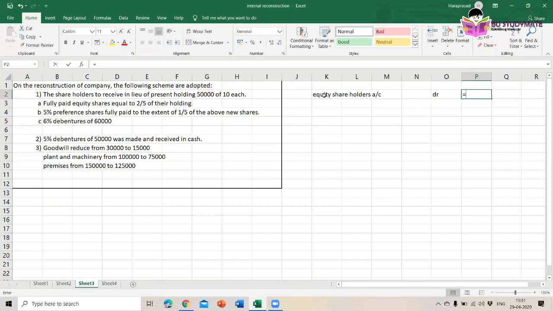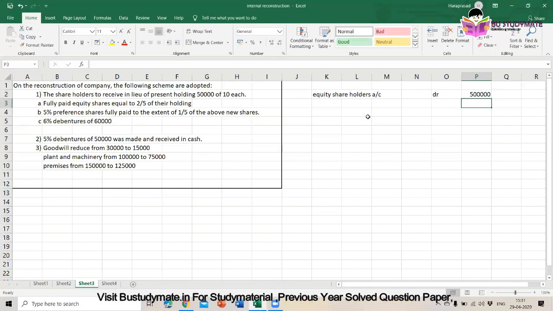Then how much have we given to fully paid equity shares? 2/5 of their holding, to new equity shares. Here you need to calculate: 5 lakh into 2 divided by 5. So you'll get 2 lakh rupees.